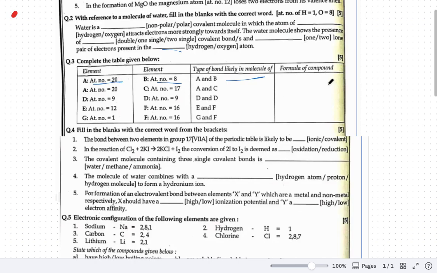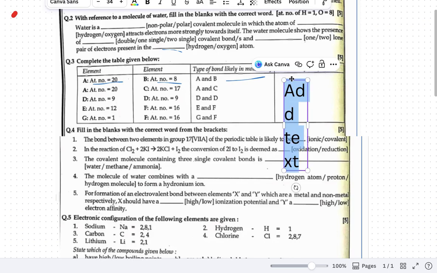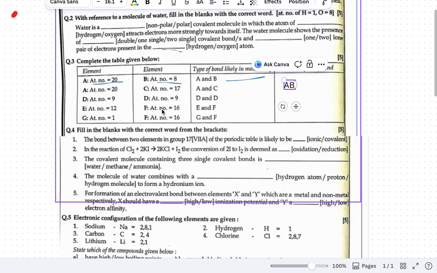So the name of the compound is AB in this case, because valency is equal in both.